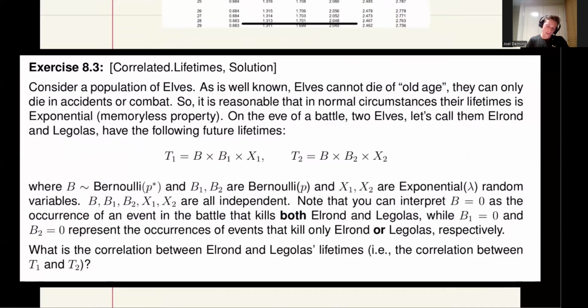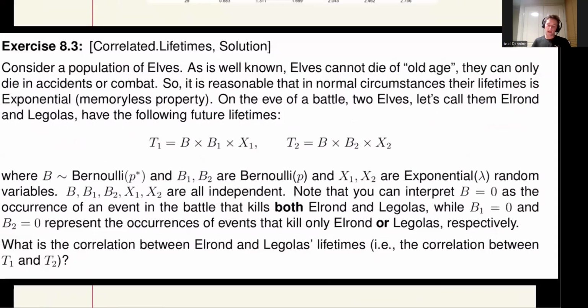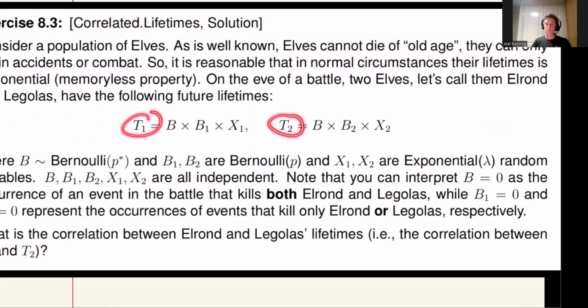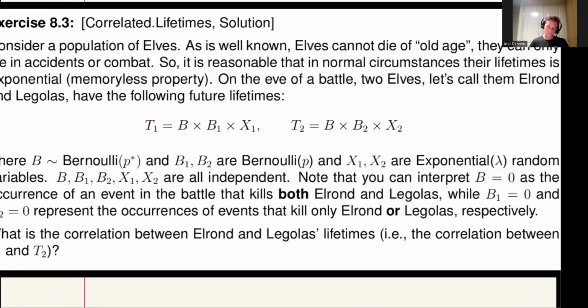So question 3, we've got a population of elves. As is well known, allegedly at least, elves cannot die of old age, only in accidents or in combat. So it's reasonable that under normal circumstances, their lifetimes are memoryless or exponential. So on the eve of a battle, we've got two elves, Elrond and Legolas, and they have these two lifetimes, T1 and T2, given by these products of random variables.